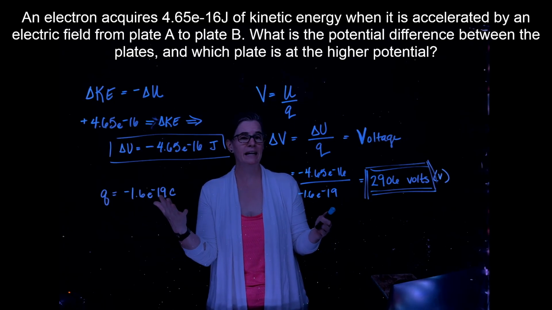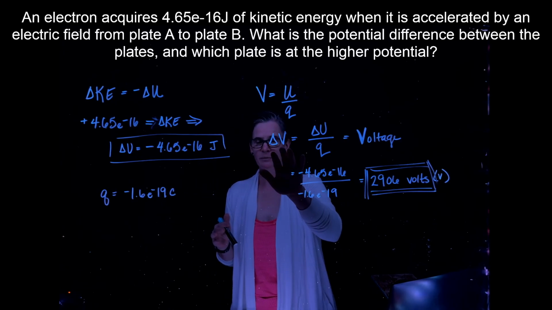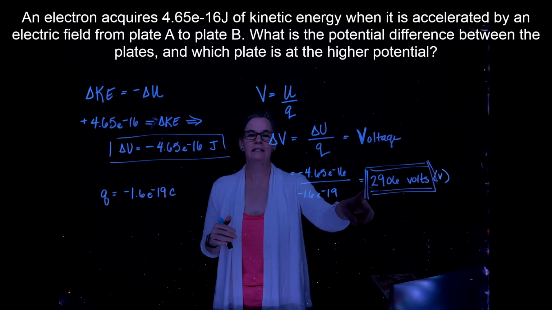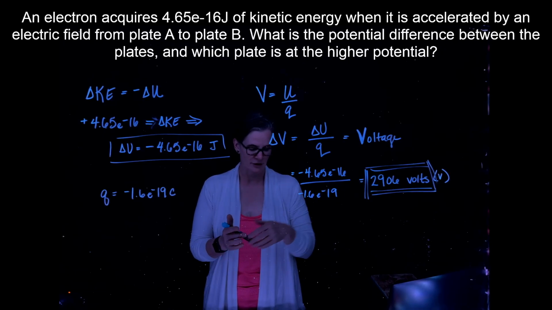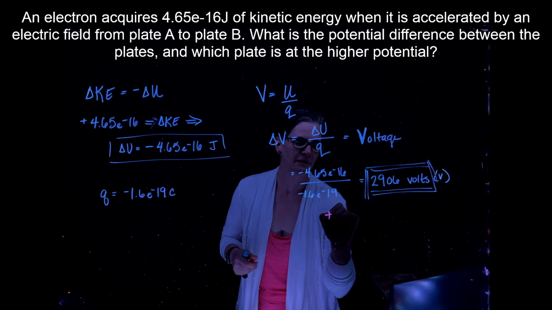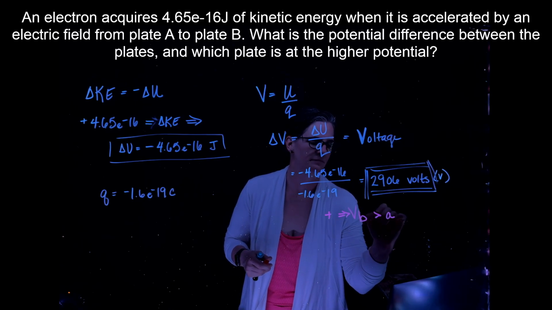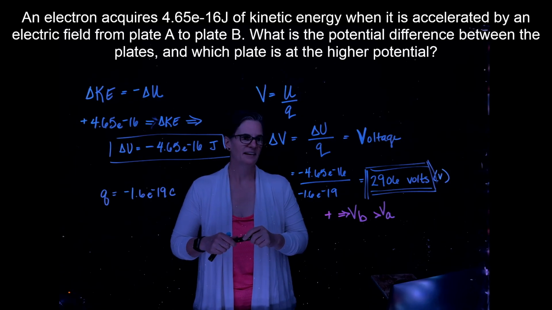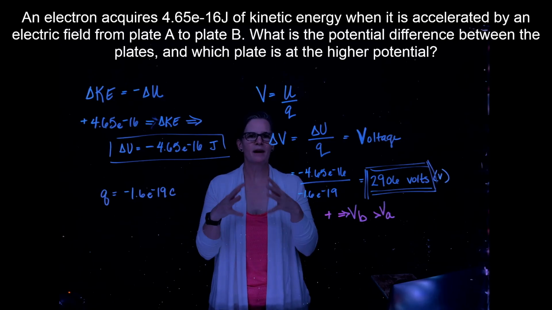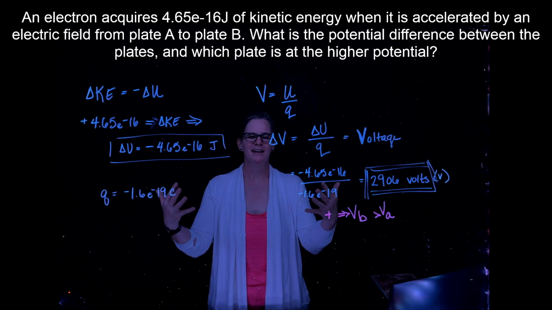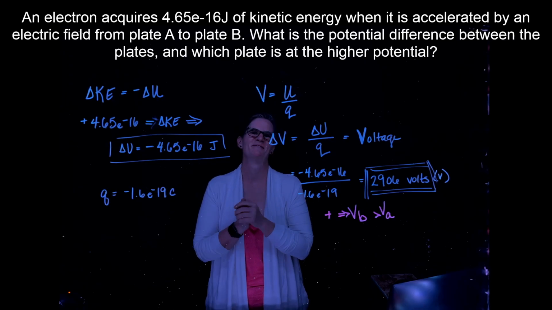Well, it's going from plate A to plate B. Our potential difference is positive, so B has to be higher than A. Okay, so just using not difficult math, just remembering how potential energy is related to kinetic energy, to electric potential, and then potential difference. All right. Good job.